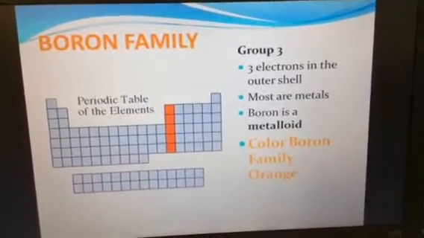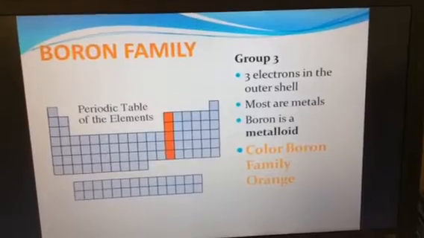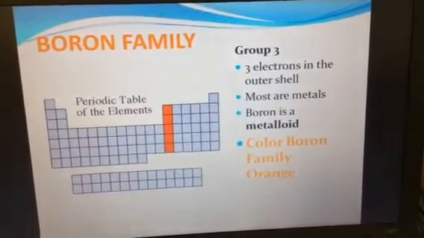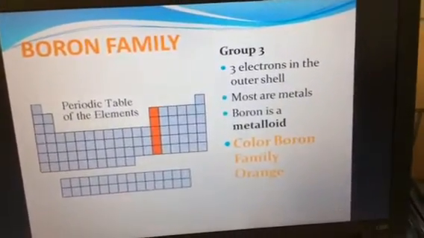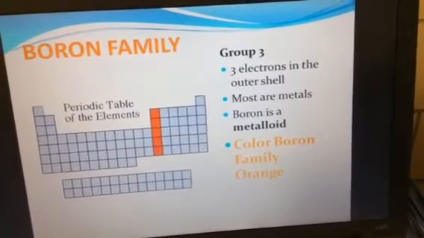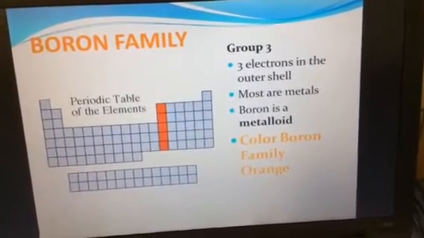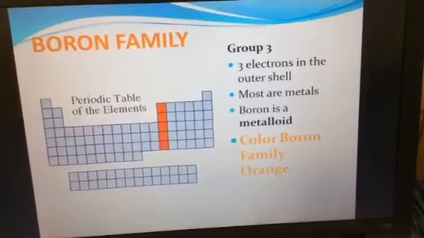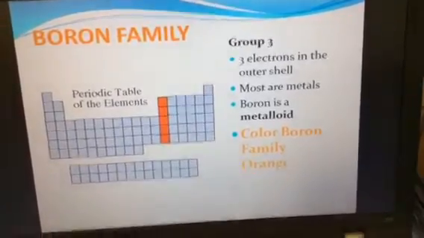Your next element or group is the boron family. The boron group has 3 electrons in the outer shell, since it is group 3, and you are going to color this group orange.